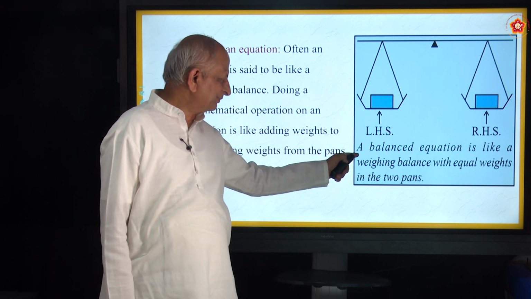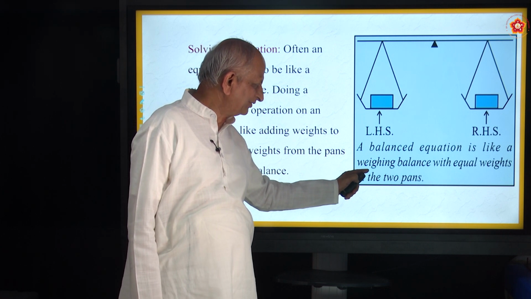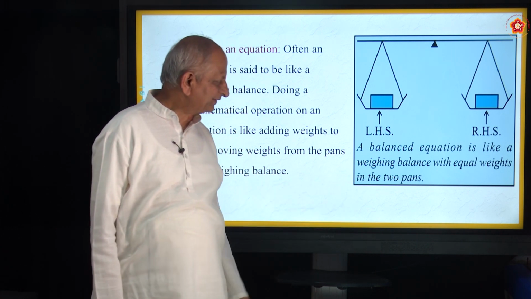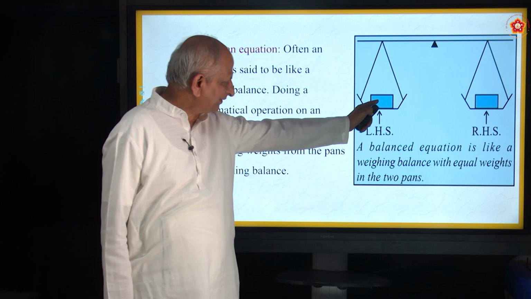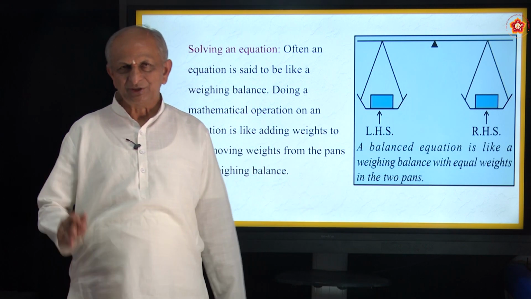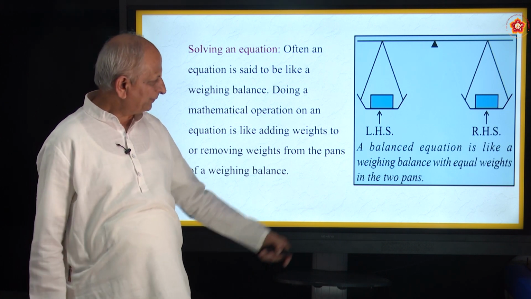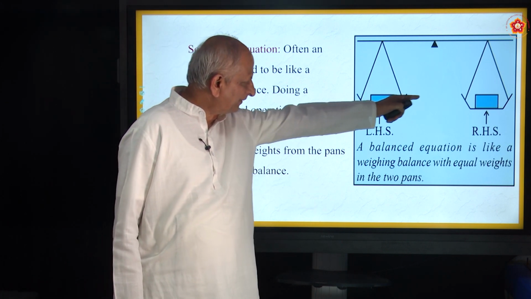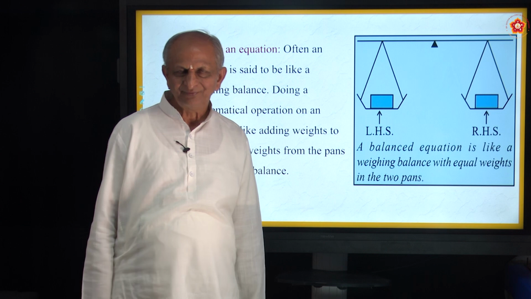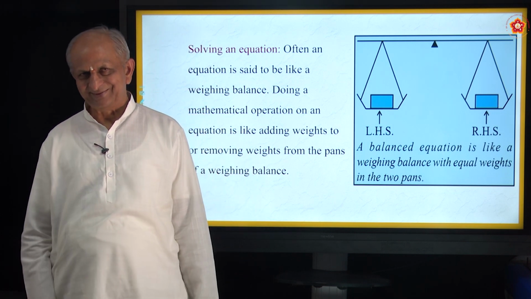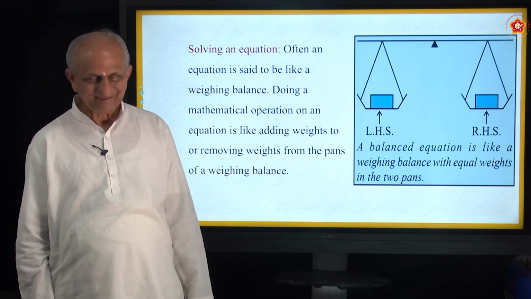So a balanced equation is like a weighing balance with equal weights on the 2 pans. If these are called weights, okay. If the weights on either pan are the same, it will balance. Suppose you put 2 kg here and put 1 kg there, it is imbalanced, correct?